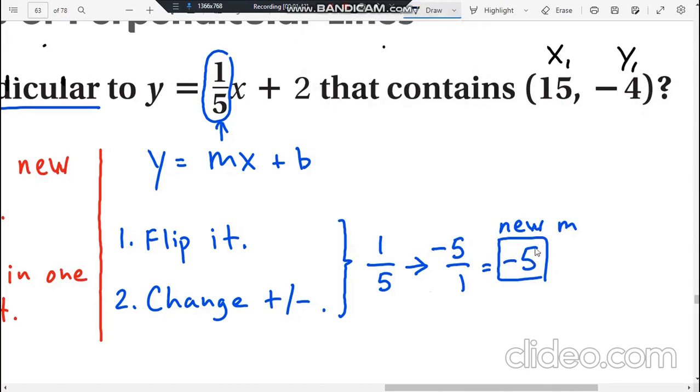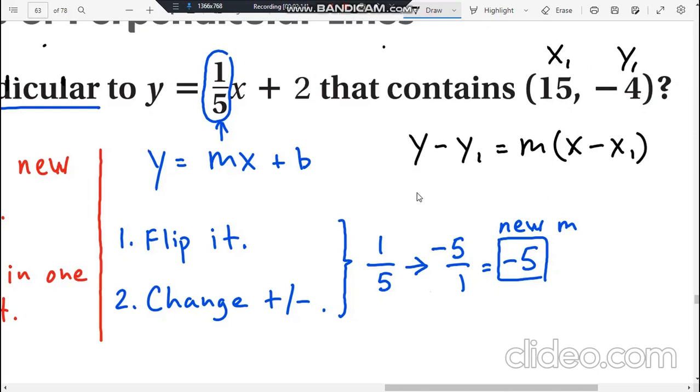Now we want to keep that new slope and plug in 1 point. Instead of y equals mx plus b, we're going to use y minus y1 equals m times x minus x1. All right, this is considered point slope form because we're plugging in 1 point and the slope. So the point that the new line passes through, those coordinates are x1 and y1.